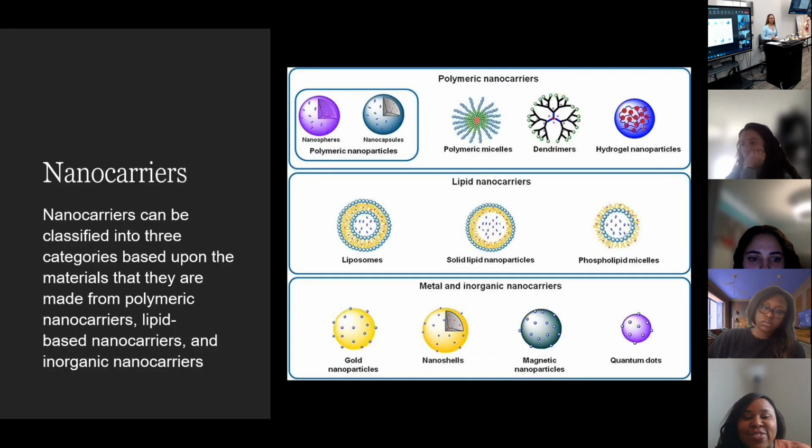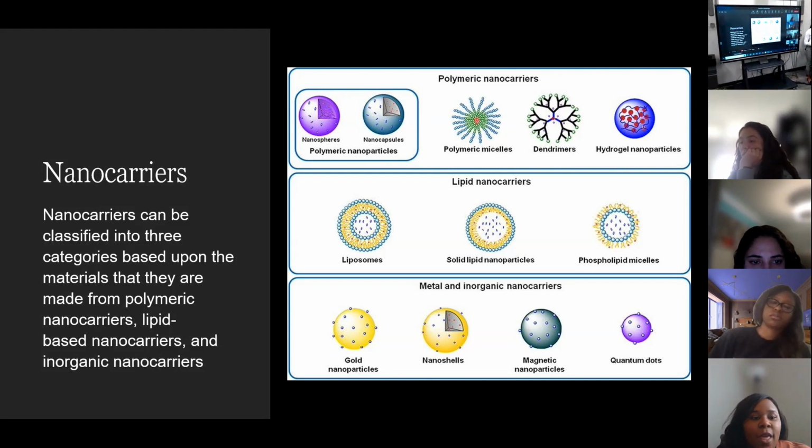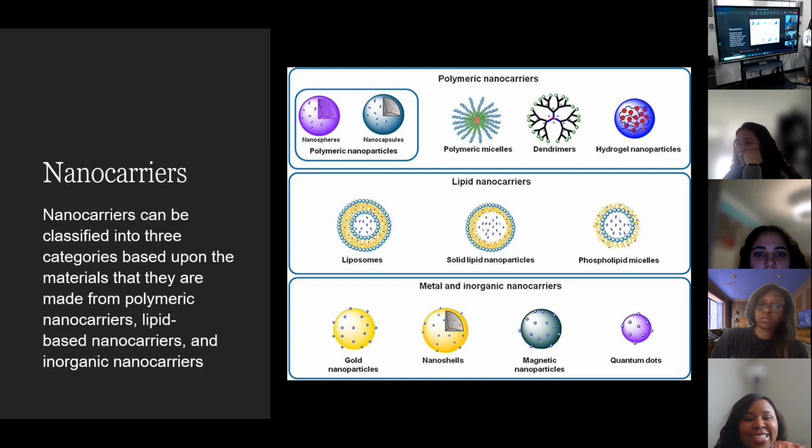Thank you, Sandra. So nanocarriers are classified into 3 different categories based on the material that they are made from: polymeric nanocarriers, lipid-based, and inorganic nanocarriers. As you can see on this diagram, with the polymeric nanocarriers on the top, polymeric nanocarriers are synthesized from different types of natural and synthetic polymers that generally have good biocompatibility and biodegradability.